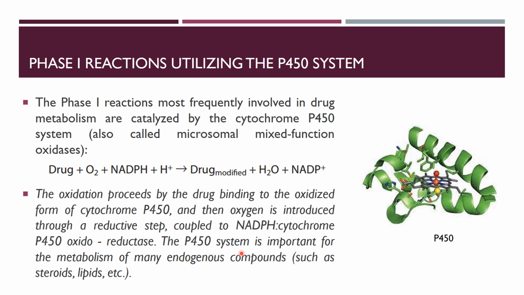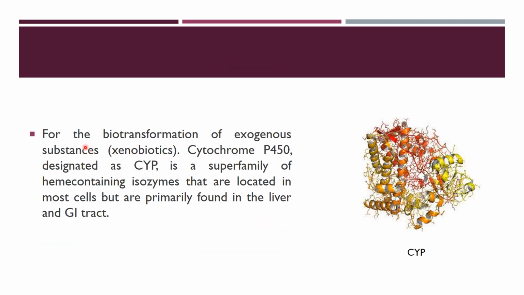The P450 system is important for the metabolism of many endogenous compounds such as steroids, lipids, etc. For the biotransformation of exogenous substances known as xenobiotics, cytochrome P450, designated as CYP, is a superfamily of heme-containing isozymes that are located in most cells but are primarily found in the liver and gastrointestinal tract.